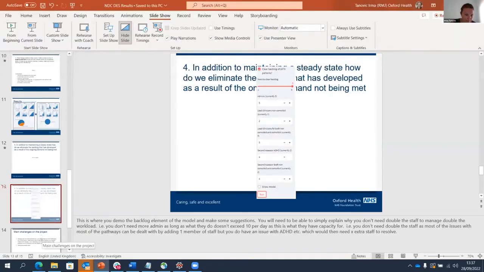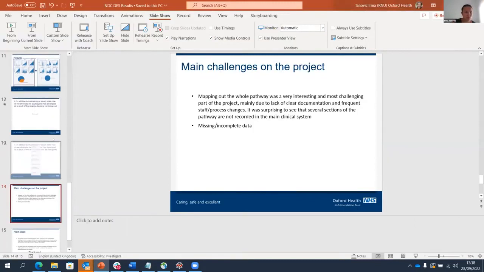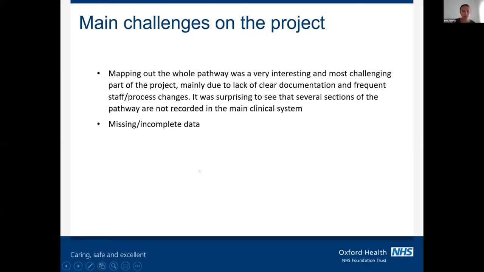So I kind of wanted to go to the main challenges. The main challenges in this project were actually not so much the technical side, but more mapping out the whole pathway. I think that was mostly due to the lack of clear documentation and obviously staff and process changes and who does what, and different people do different things in the whole process.